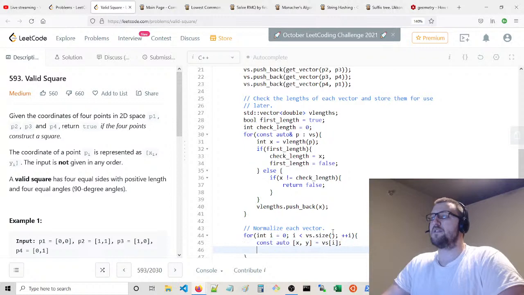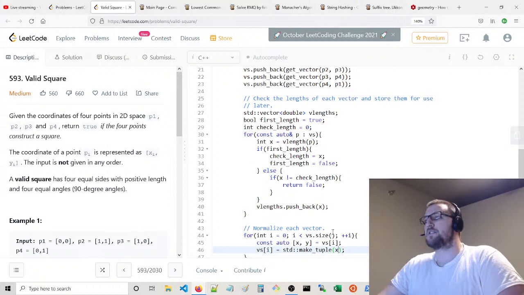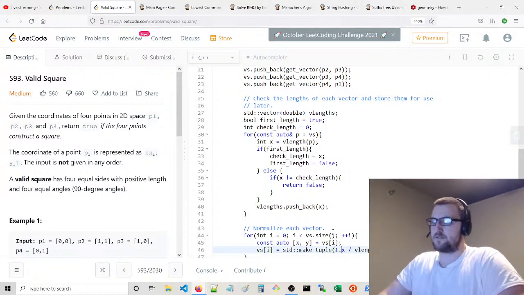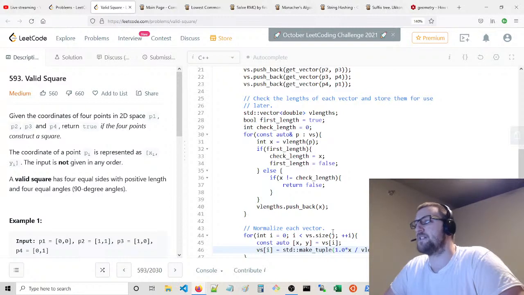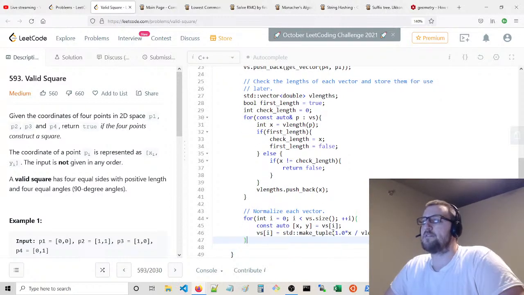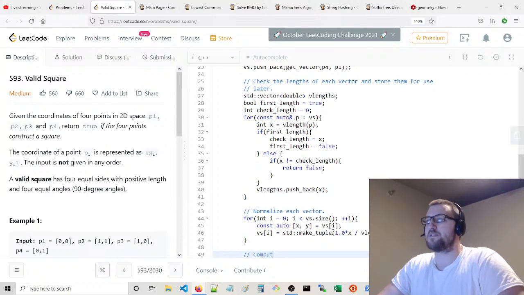And we're going to say vs of i equals standard make tuple of, we're going to say x divided by v lengths of i, y divided by v lengths of i. So convert these to floats and then to doubles. So we normalize the vectors and then compute the dot products.